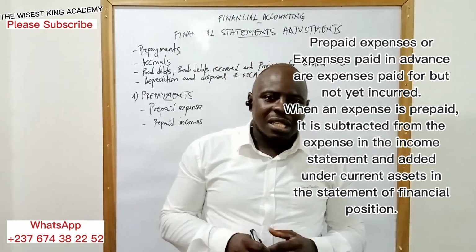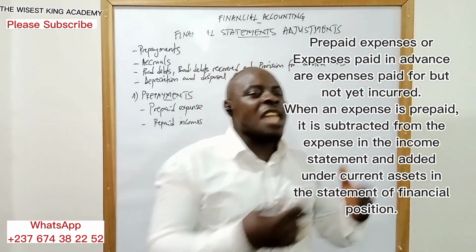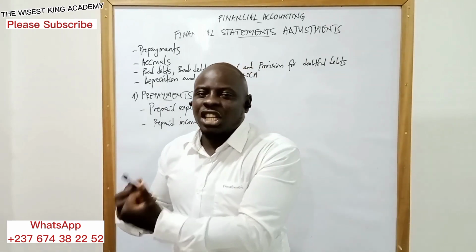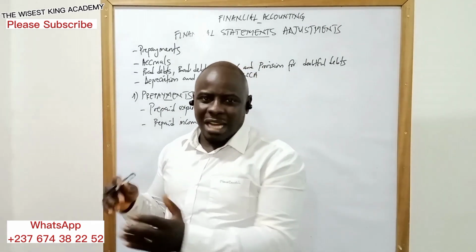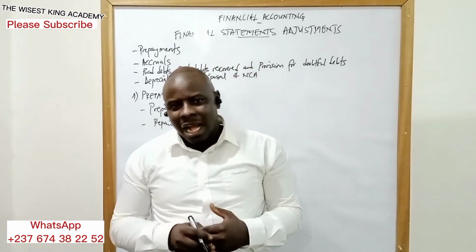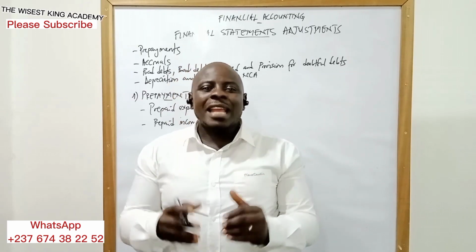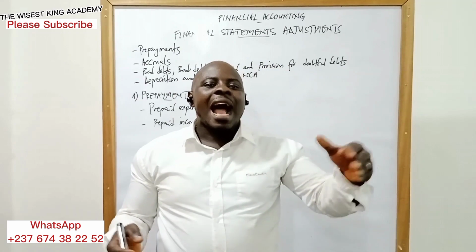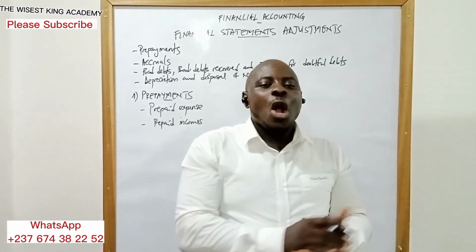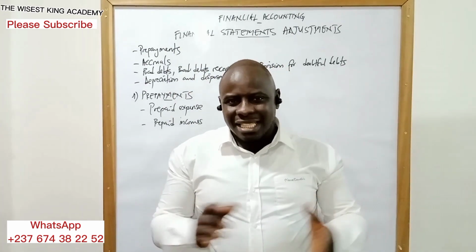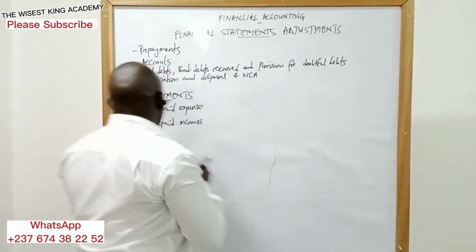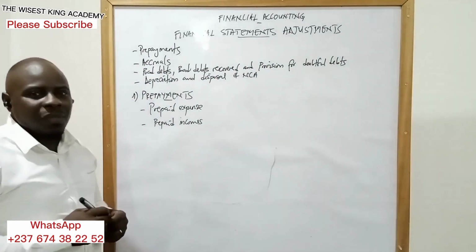Another reason may be this: if we had not paid the expense in advance, the money would have been in the cash still or in the bank account. That is still a current asset. So, prepaid expenses are subtracted from the expense in the income statement and are added under current assets in the statement of financial position.